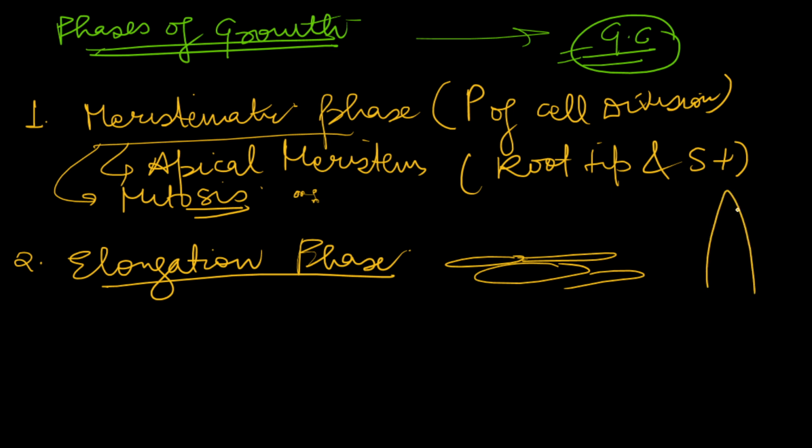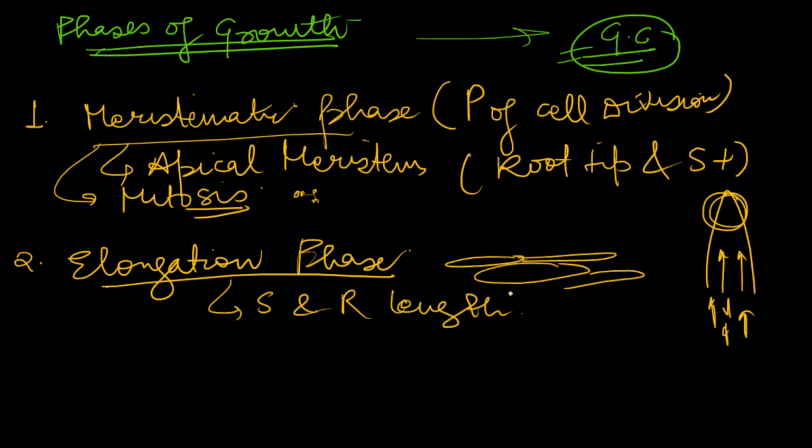Suppose it is the root tip, it is the meristem; behind the apical meristem there will be elongation of stems or branches. So that is the elongation phase. It is responsible for the increase in root and shoot length of plants.